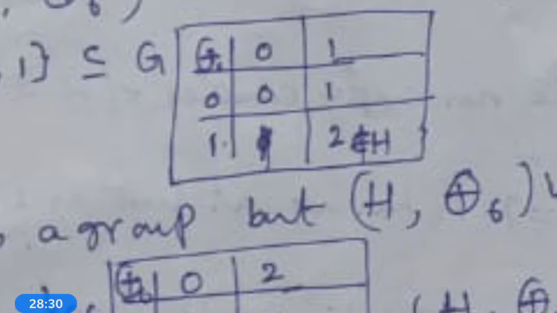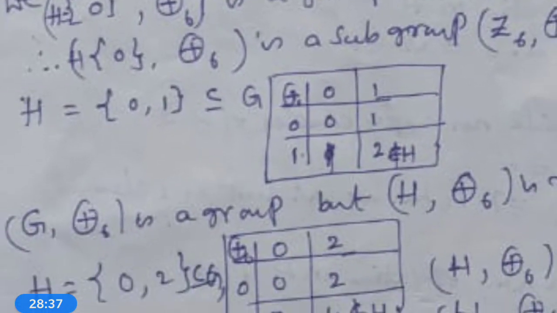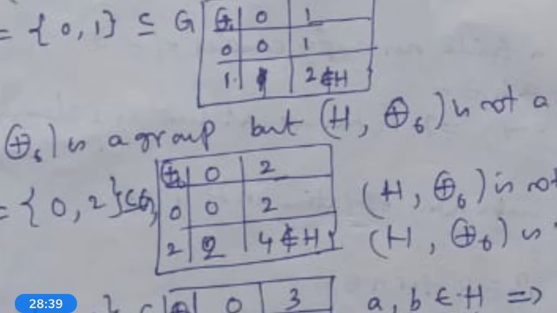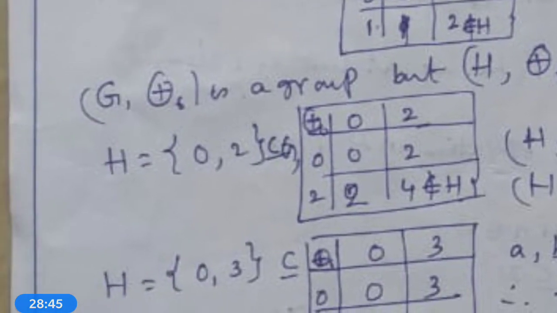So, there is no need to verify associative, identity, inverse. Therefore, H is not a group, and H, comma, circle plus is not a subgroup.